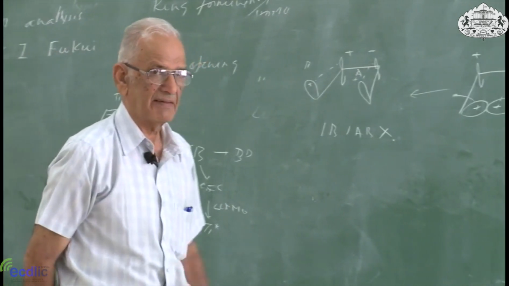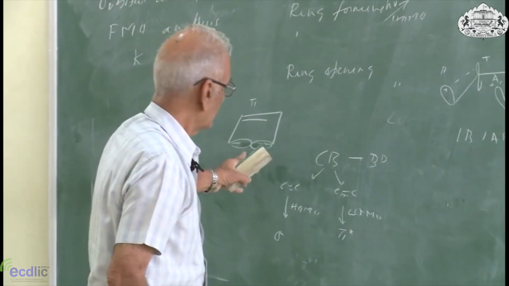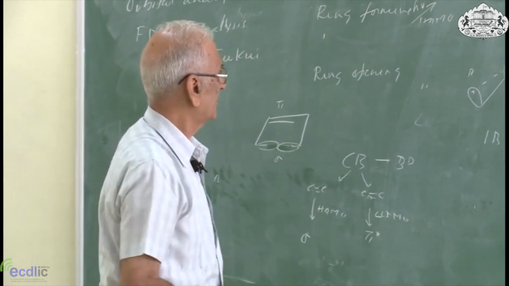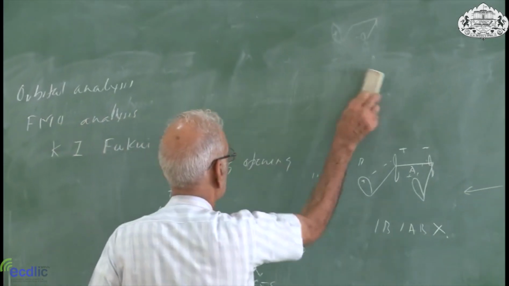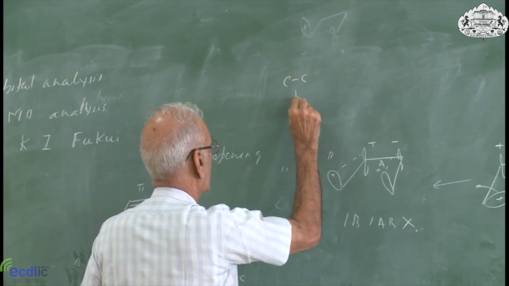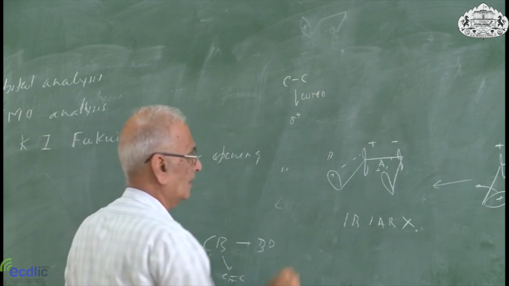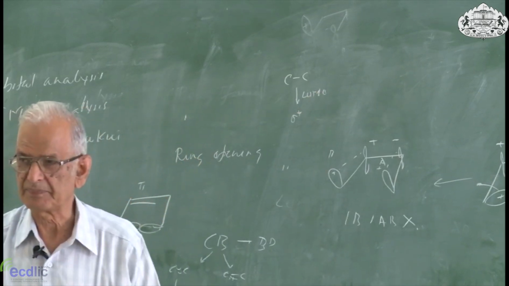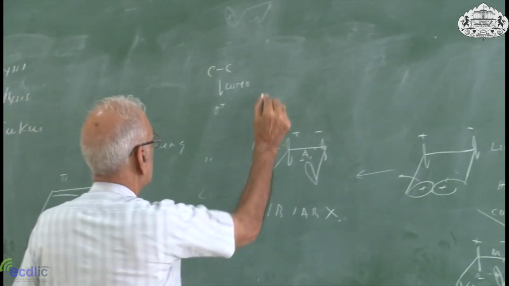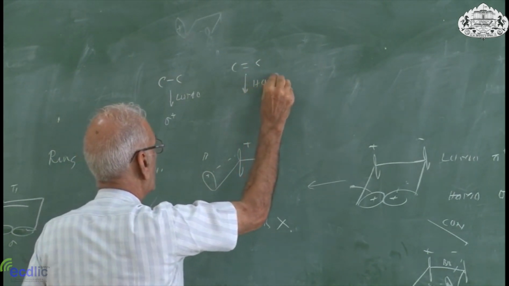Then somebody will say, well, why not do the opposite? You knew the answer, therefore you went like this. So let us do the opposite. Carbon-carbon single bond, LUMO. So, sigma star. Carbon-carbon double bond, HOMO.